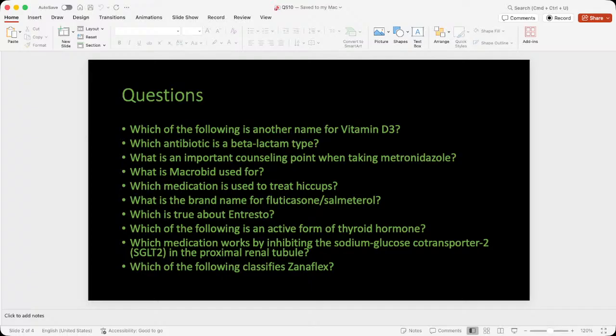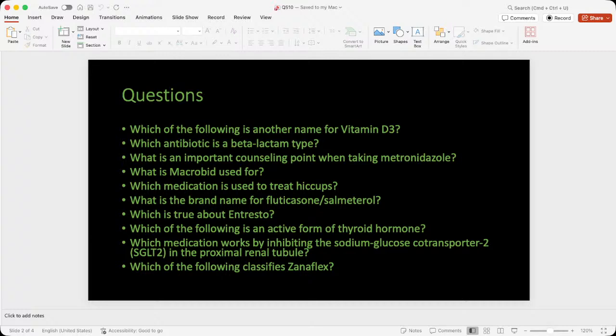But there's a special condition when switching from Entresto to an ACE inhibitor, or from an ACE inhibitor to Entresto. You have to wait 36 hours, or there's a 36-hour washout period, switching from and to Entresto. If a patient's taking an ACE inhibitor and then they want to go to Entresto, they have to go through the 36-hour washout period.